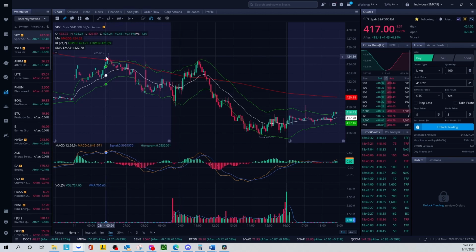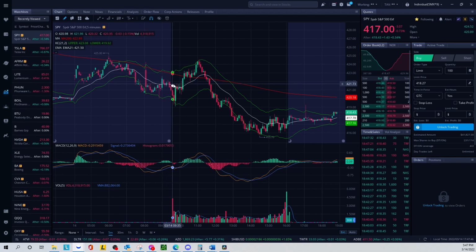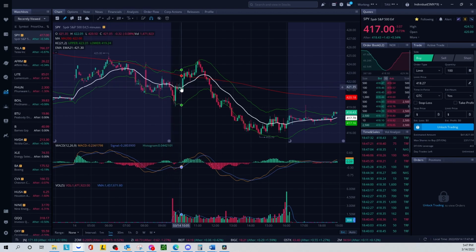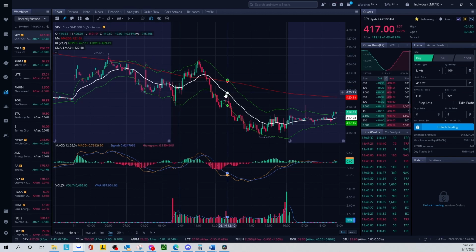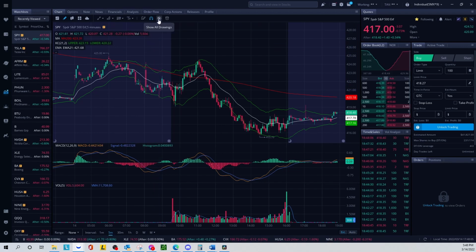And then you can sort of see this trend from this high in pre-market of 425, and the price action starts topping out lower, lower, lower, lower. And so the more of these candles that your trend line touches, then the more confidence you have in that becoming a support or resistance line. In this case, resistance. If the price action is above it, it's support. If the price action is below it, then that line would act as resistance.